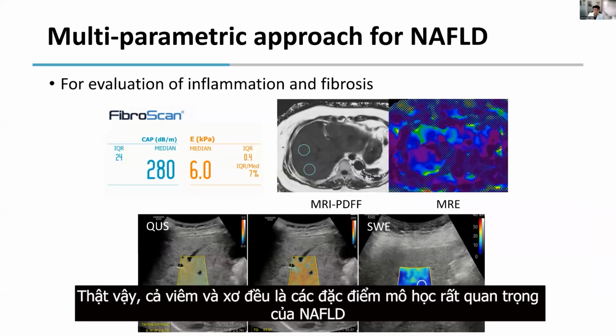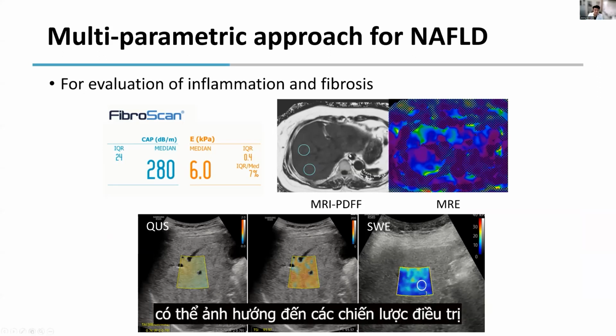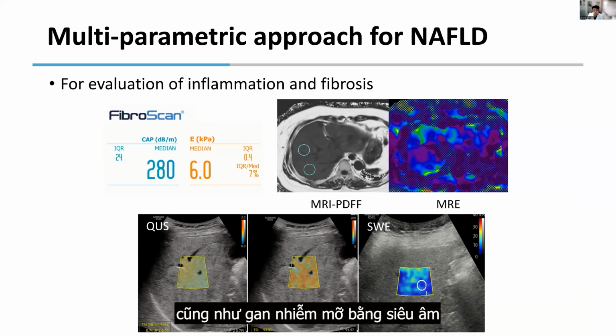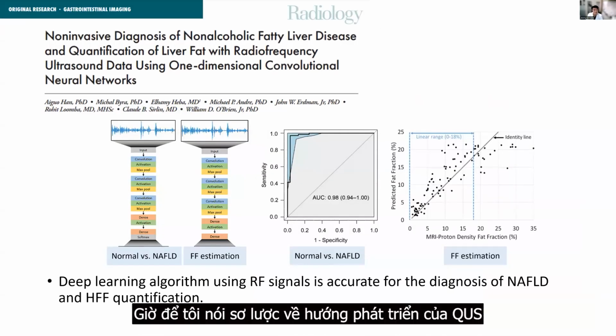Indeed, both inflammation and fibrosis are also important histologic features of NAFLD, which can affect treatment strategy, like CAT and transient elastography and MR-PDFF and MR elastography. We can use both QUS and shear wave elastography together, which allow more comprehensive evaluation of inflammation and fibrosis as well as steatosis using ultrasound.